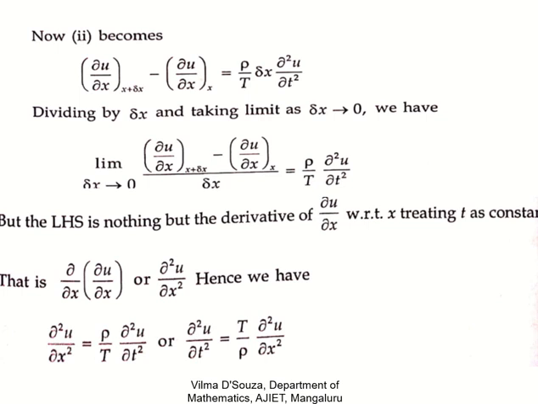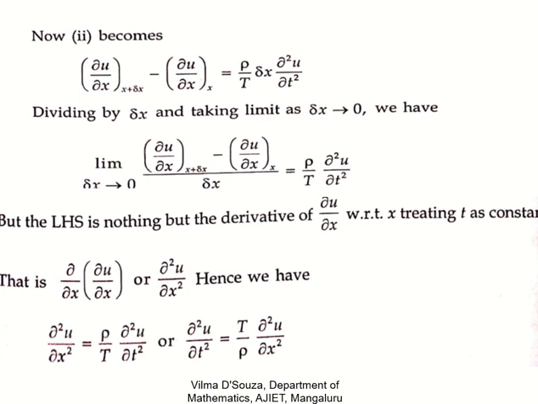So hence what do you have? ∂²u/∂x² is equal to rho by T ∂²u/∂t². Now this is the derivative of ∂u/∂x with respect to x, ∂/∂x of ∂u/∂x, which can be written as ∂²u/∂x². Fine.